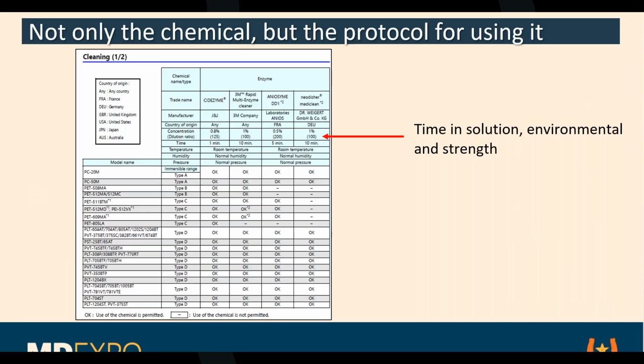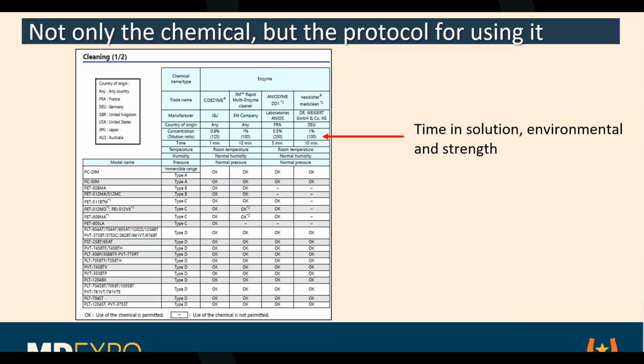So if any of those change, especially a lot of variance from time in solution, we've seen probes that have been put in the correct solution at the end of the day and left to soak overnight when it was only supposed to be in there for 15 minutes. And it looks radically different in the morning than when they put it in.